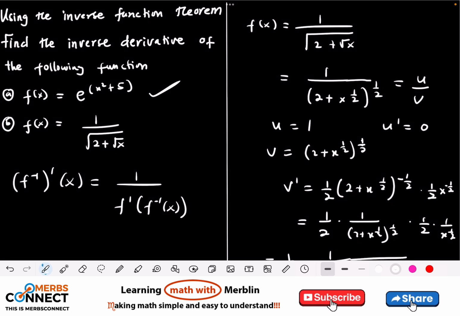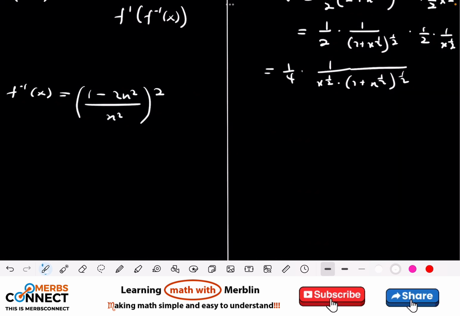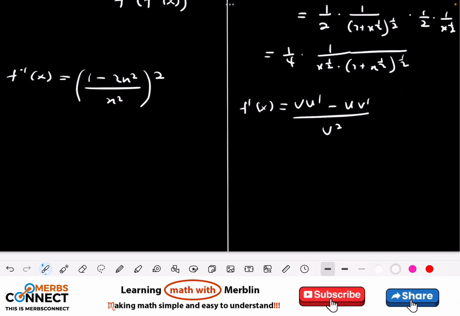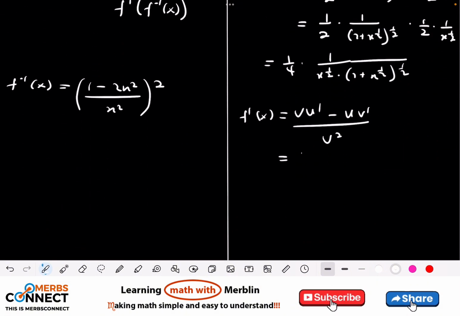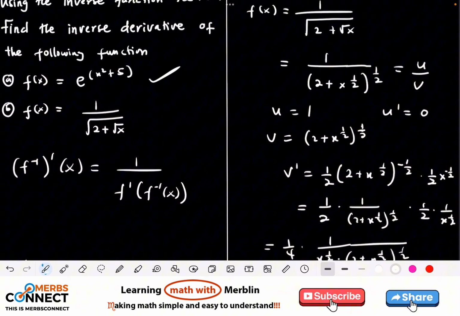So what will be the f prime itself? So f prime, as we know, is then u prime times vn minus u times vn prime, divided by vn squared. So let's do the substitution. What was vn? Vn is 2 plus x to the power 1/2, times what is u prime?